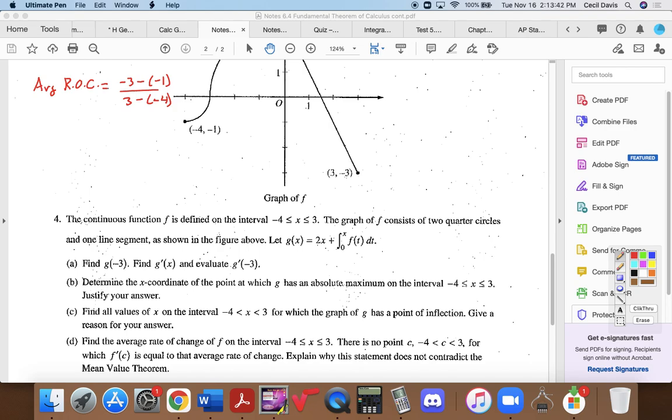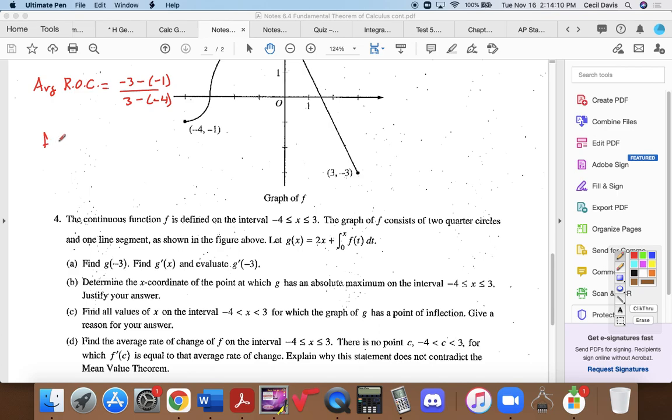In fact, please don't. Nothing good can happen from this point on. You've already gotten the point. It says there is no point c between -4 and 3 for which f prime of c is equal to that average rate of change. Explain why this statement does not contradict the mean value theorem. So why doesn't it contradict the mean value theorem? It's not differentiable at 0.